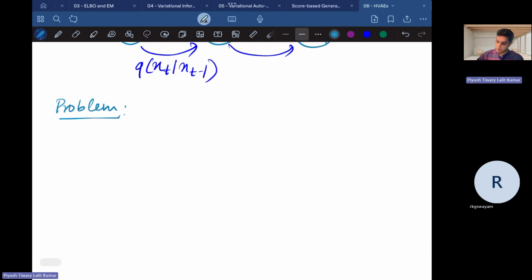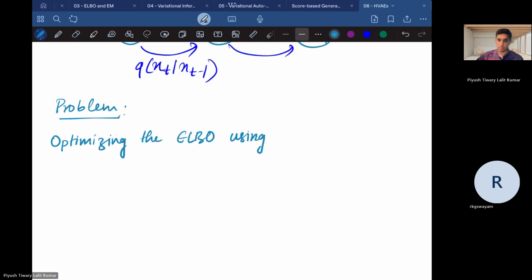Optimizing the elbow using two random variables. What are the two random variables? These are xt minus 1 and xt plus 1, right?